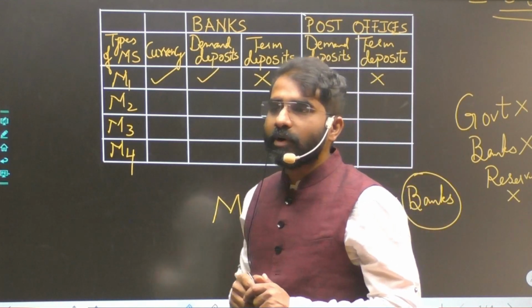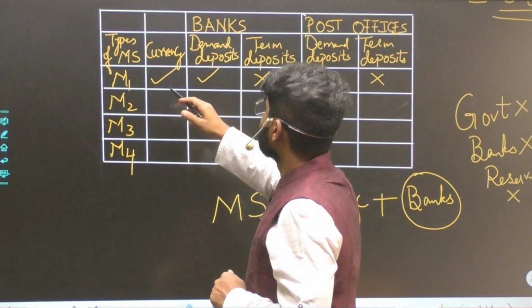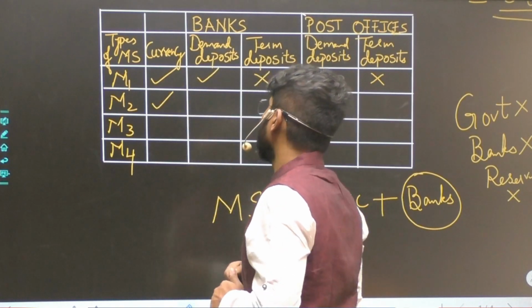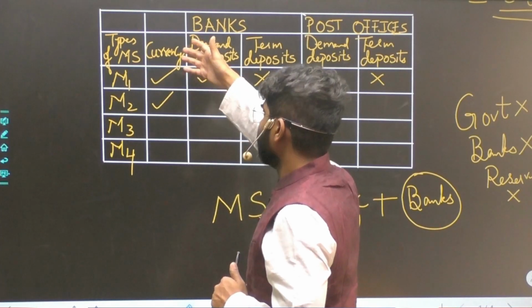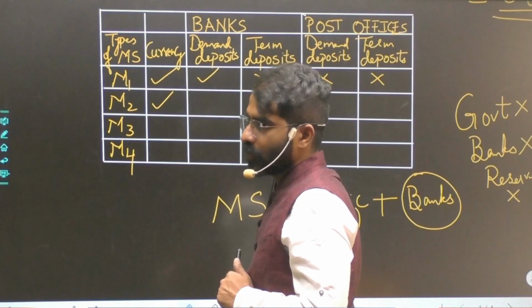Now, when we talk about M2, M2 will include the currency in hand. So M2 includes whatever is there with respect to M1. That is the understanding.